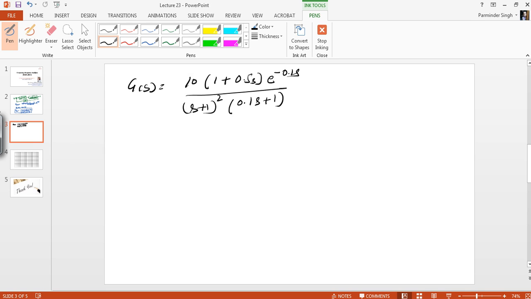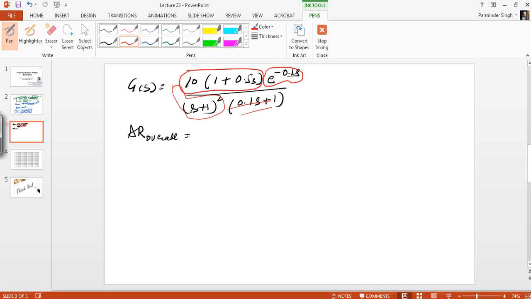Now for the overall amplitude ratio, we can divide the transfer function separately. That is, we can take this as one single transfer function, this can be taken as a separate one, 1 upon this can be separated, and this can be separated.